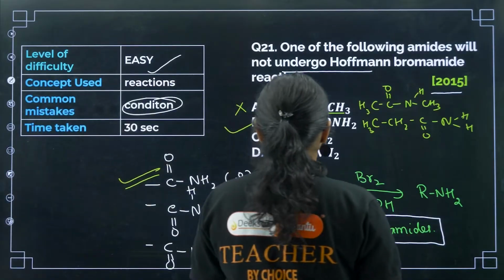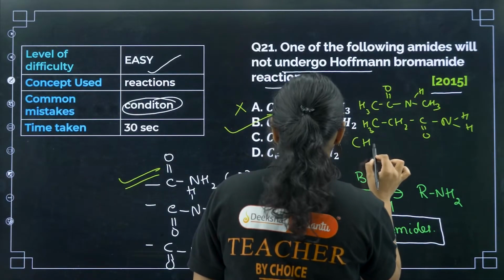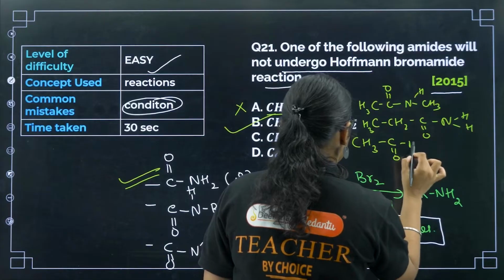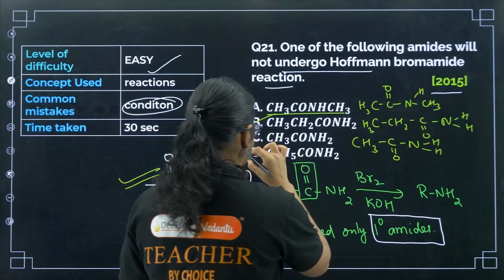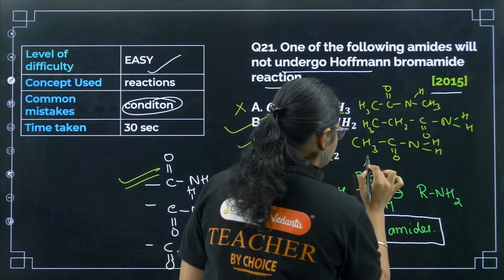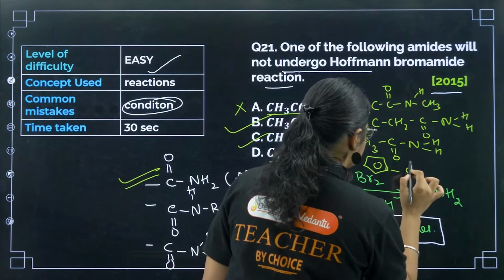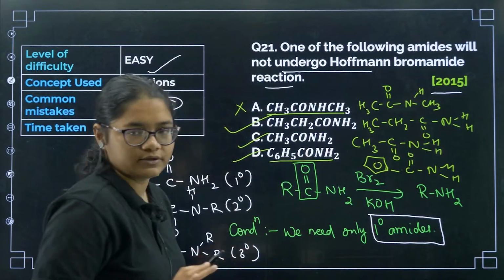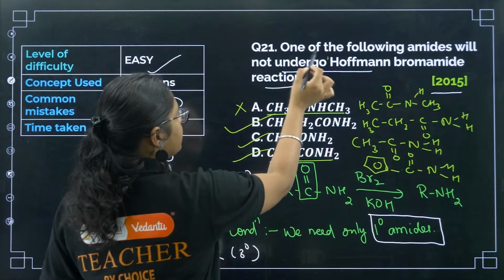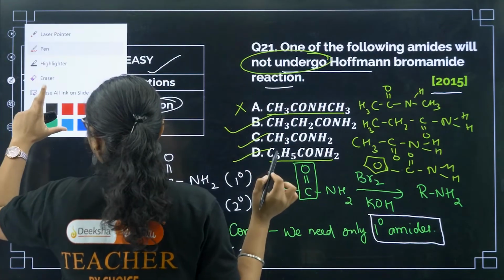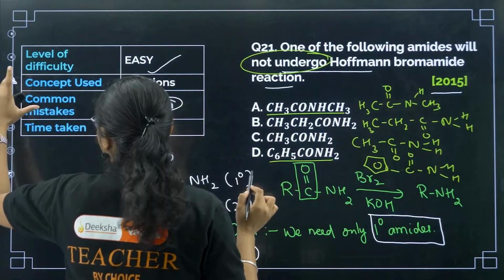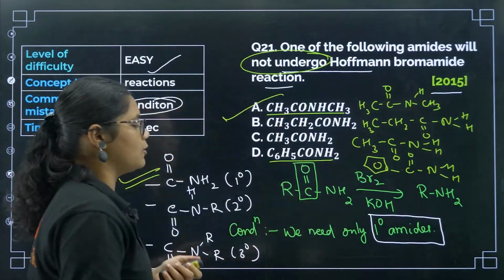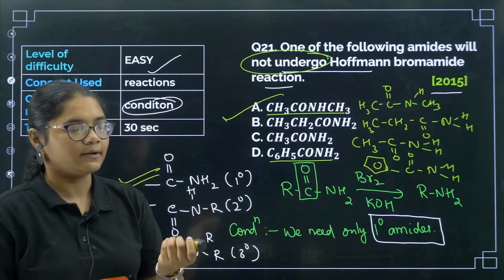Next one, CH3, C double bond O, again NH2 is there, so yes, this one will also react. Here we have C6H5, C double bond O, NH2. So yes, this one will also react. The question is asking which will not undergo, right? So the correct answer will be option number A. This will not undergo. Option number A is the correct answer.